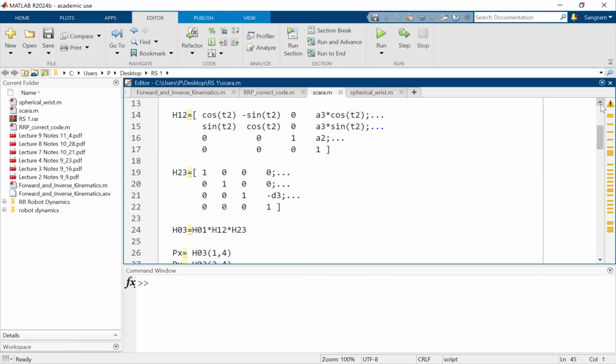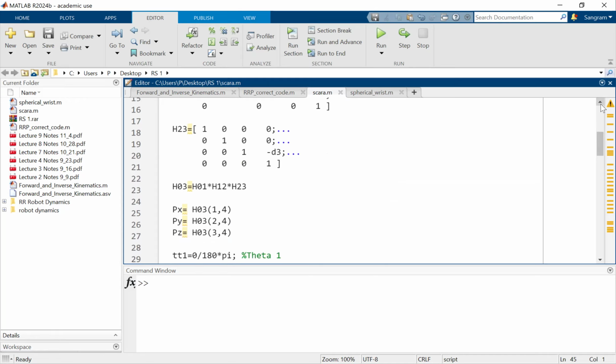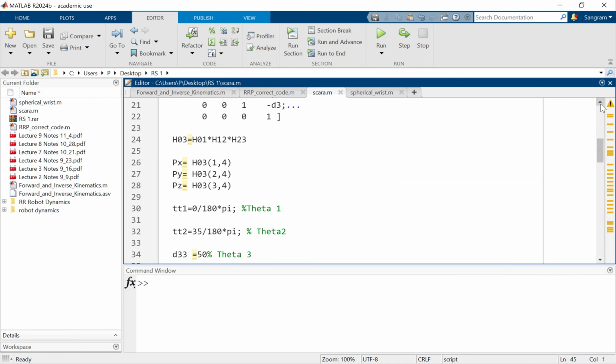And then you would extract first row, fourth column, second row, fourth column, third row, fourth column from H03. Then TT1, I'm substituting one value of theta 1. TT2, I'm substituting one value for theta 2. And D33, actually I'm saying theta 3, but it's a displacement.